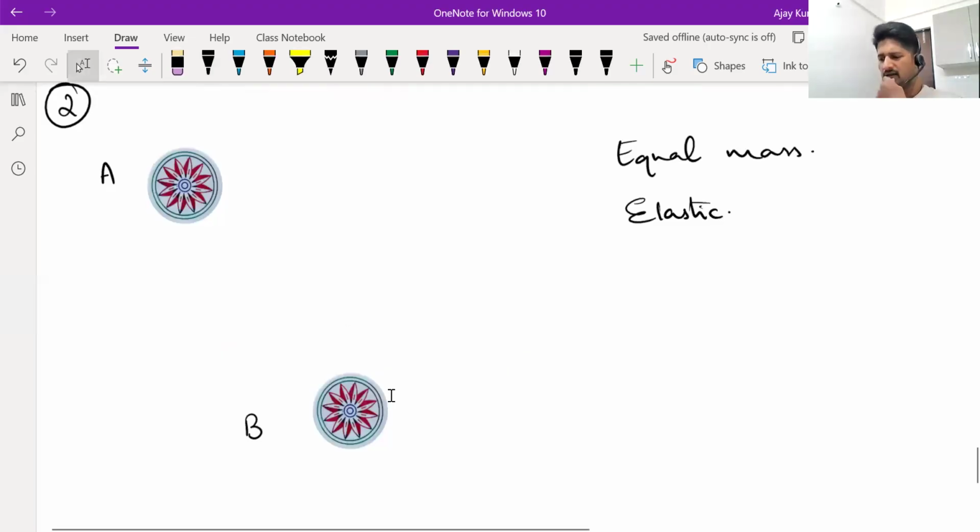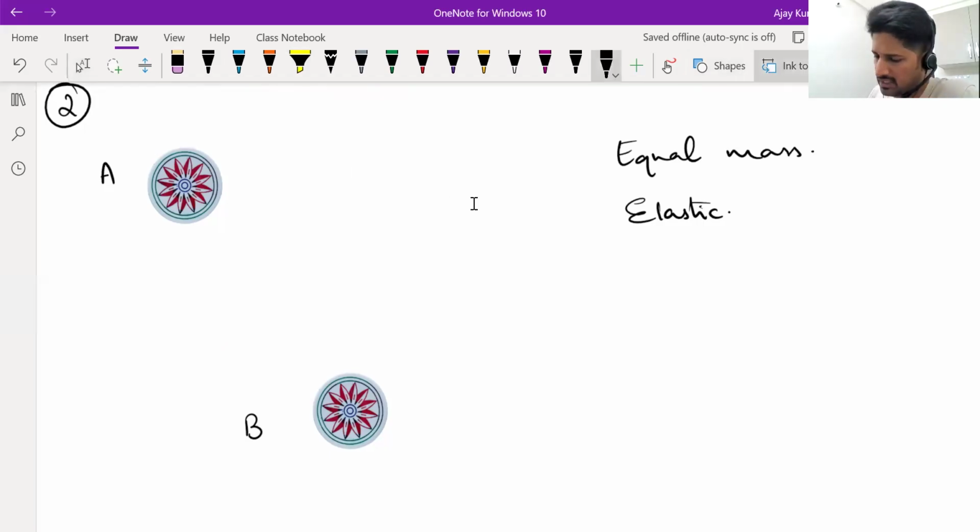Okay. Last class, we derived one result. In a 1D collision, when two objects of equal mass undergo elastic collision, what happens?